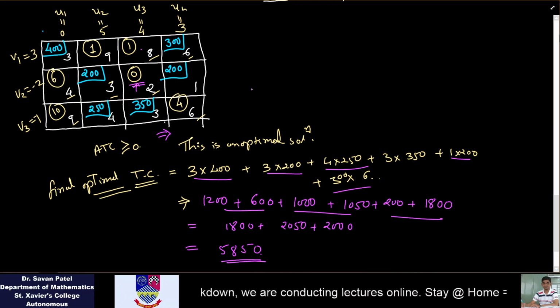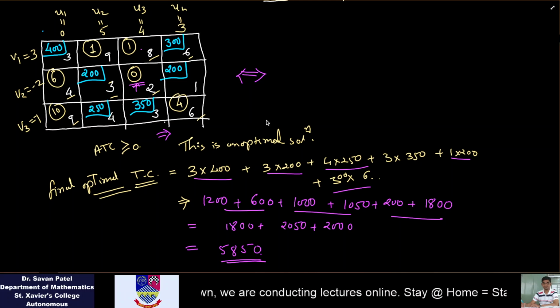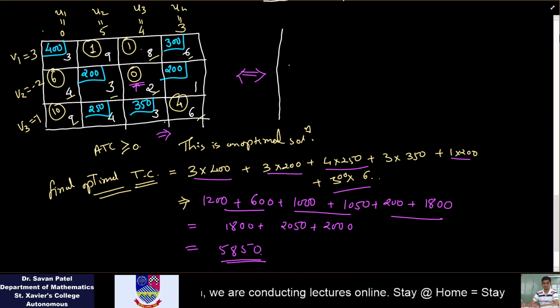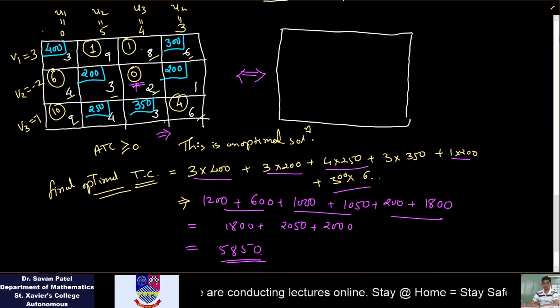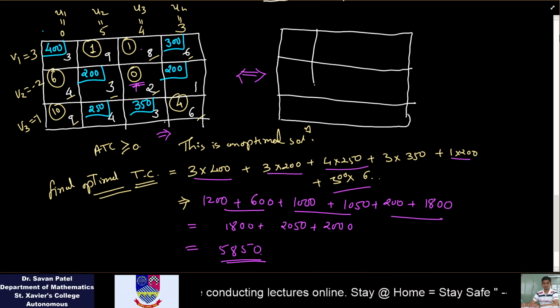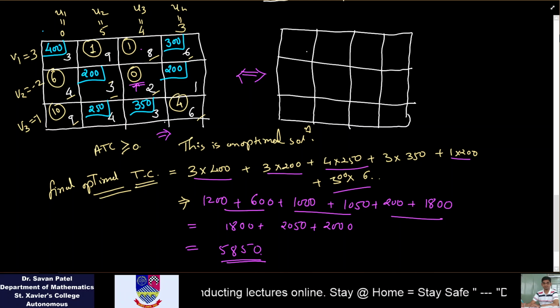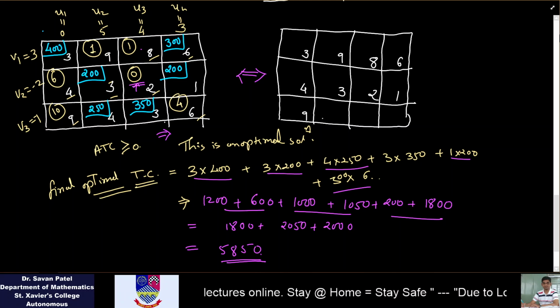Now, to find the alternate solution to the given situation, first of all, let me write the whole table. Here the transportation costs were 3, 9, 8, 6, 4, 3, 2, 1, 9, 4, 3, 6.